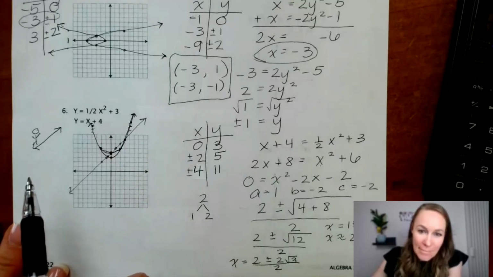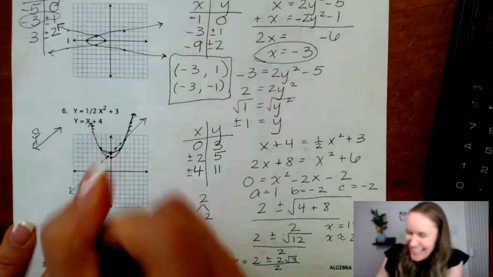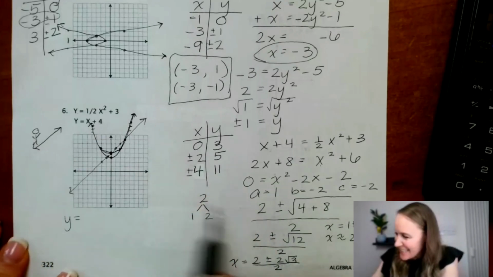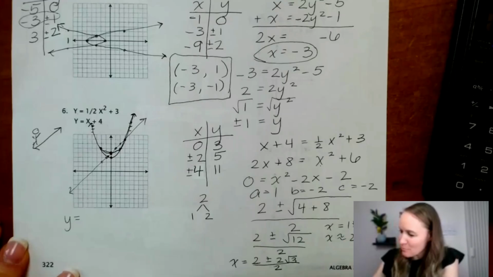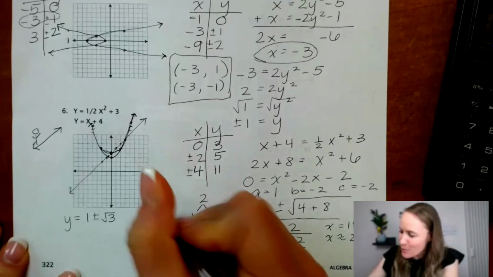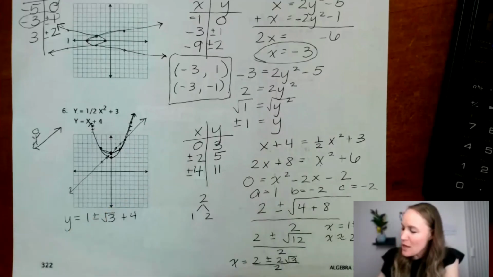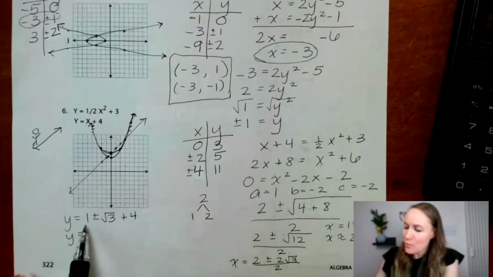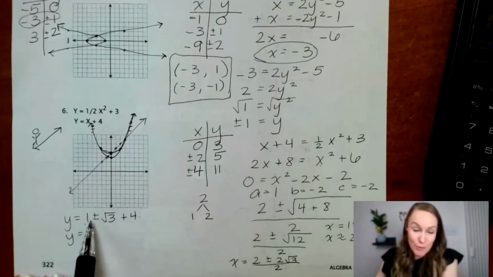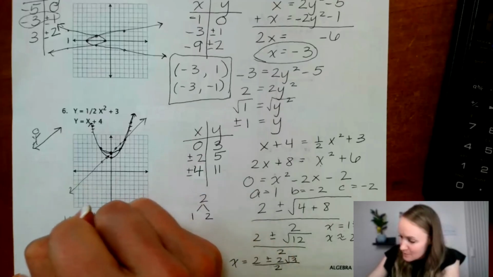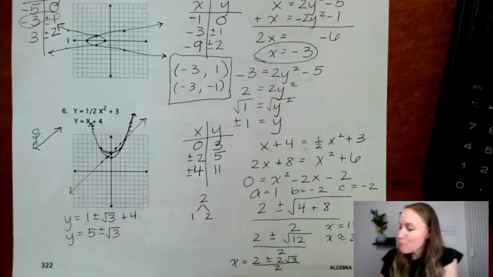You can use either equation. y equals x, so x is 1 plus or minus root 3, and then plus 4. So y equals, we're just going to take the whole numbers, combine like terms, right? So 1 plus 4 is 5. 5 plus or minus root 3.